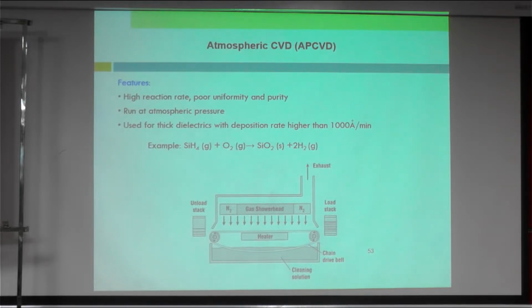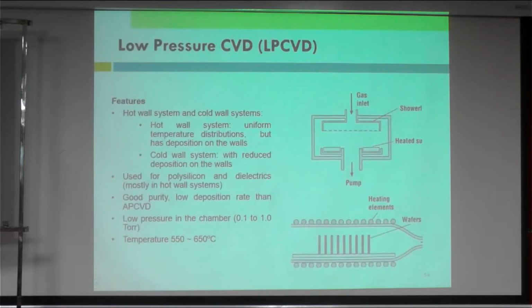So this is a typical setup of APCVD. As you can see here, we have gas and the heater, so it's quite a simple setup. And this is LPCVD, where you have it heated here, and you have a shower and gas inlet in order to deposit the materials.